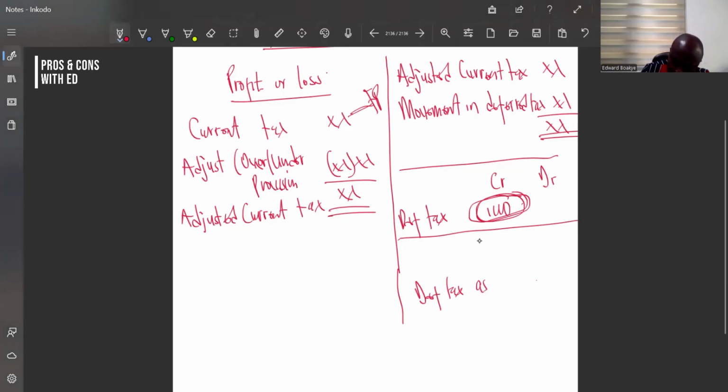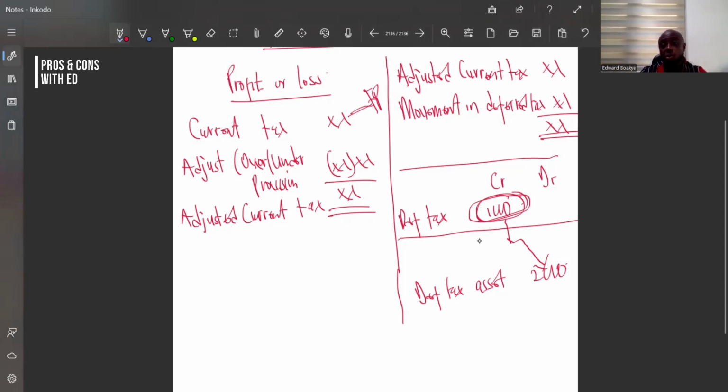When it was an asset of 2,000, meaning the liability of 1,000 dropped and came back to an asset of 2,000, it simply tells you that the movement was 3,000. Because we had a liability, it has covered the liability of 1,000, and now we have an asset of 2,000. So the movement is 3,000.